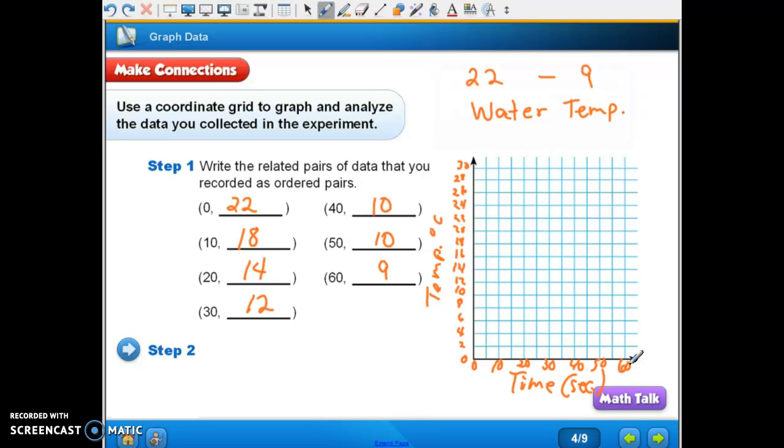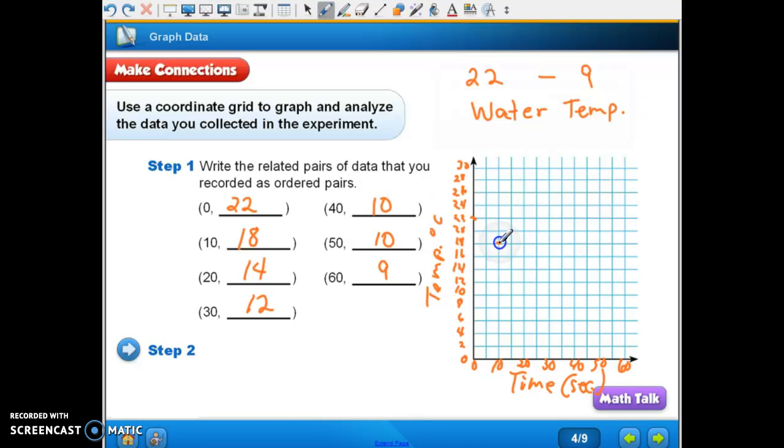Okay, now we can plot these ordered pairs on there. So remember that the first number in the ordered pair is on the y-axis. So we're going to stay on the 0, but we're going to go up to 22, and we're going to be right there on the 0. Okay? And then we're going to do the 10 seconds, and that's going to be at 18.